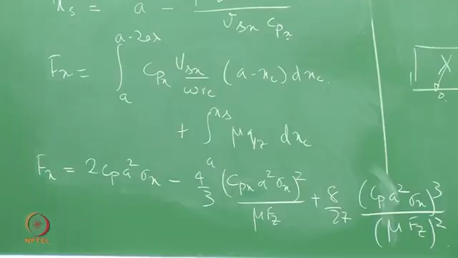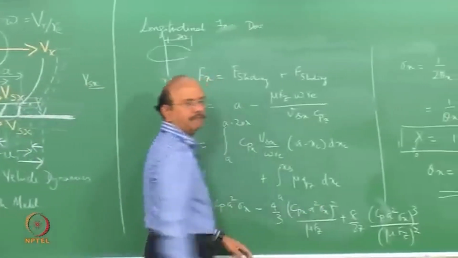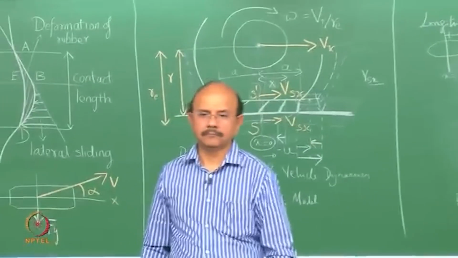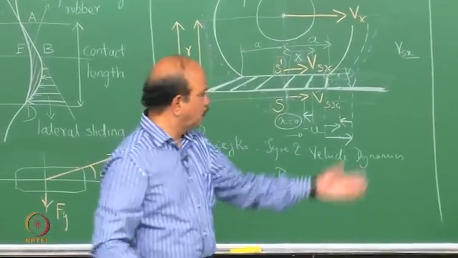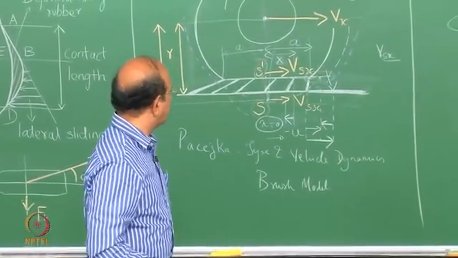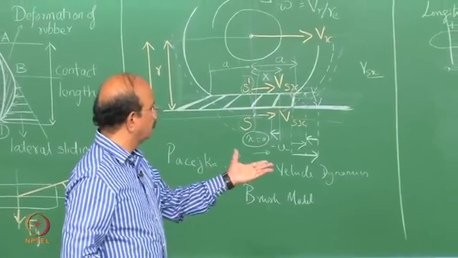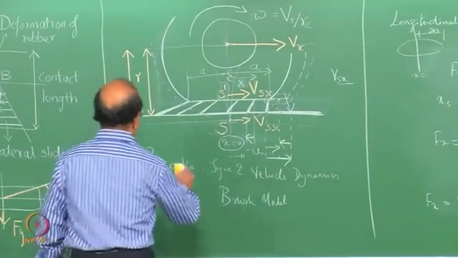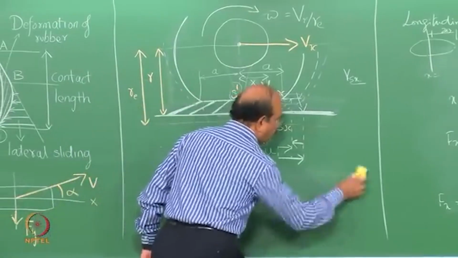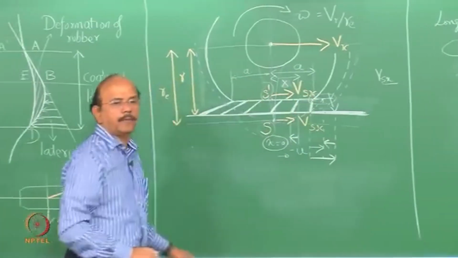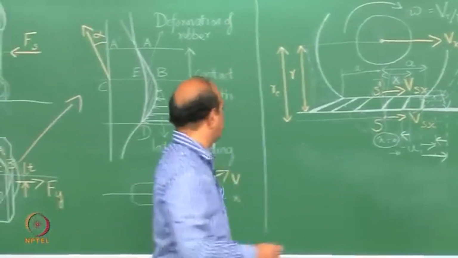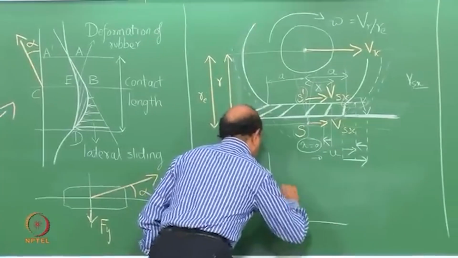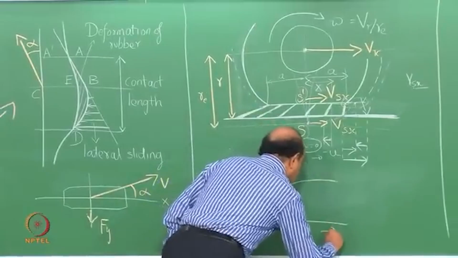So you would notice that this is the expression. Right? You would notice that I can draw Fx now in terms of sigma. So now if I plot Fx versus sigma, my graph would look something like this.